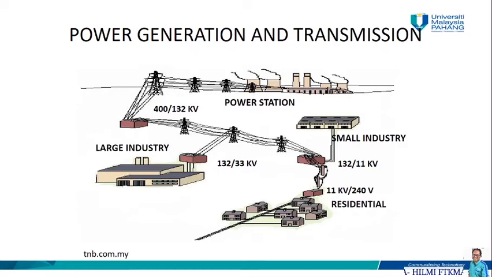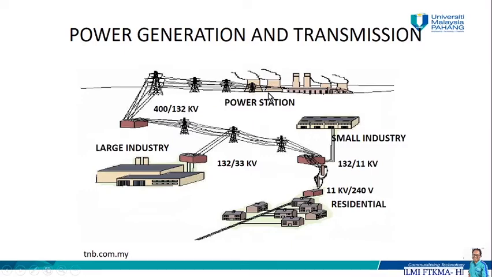At the power station, they are going to produce a very high voltage of electricity of 400 kilovolt, and this voltage is going to be stepped down at several stations in order to transfer the electricity through a longer and wider area.